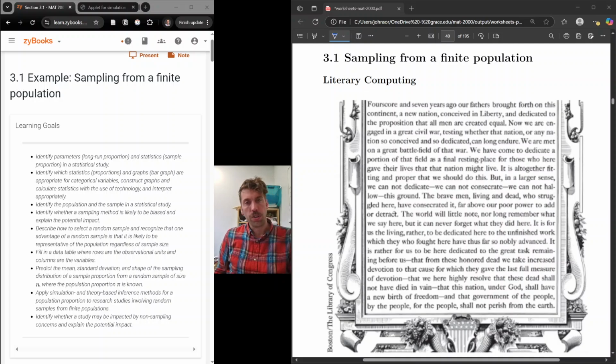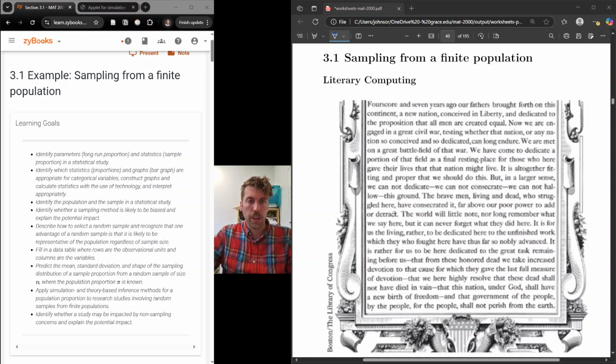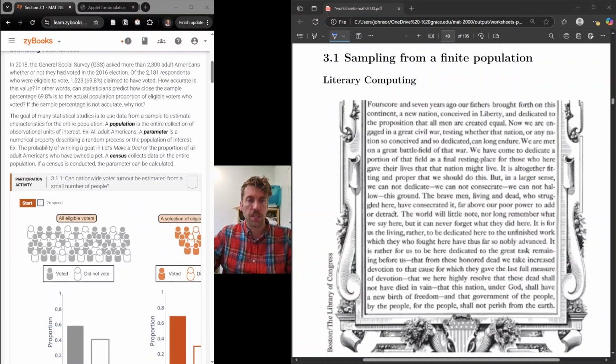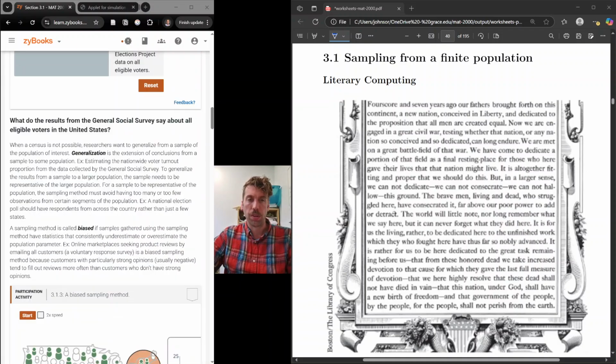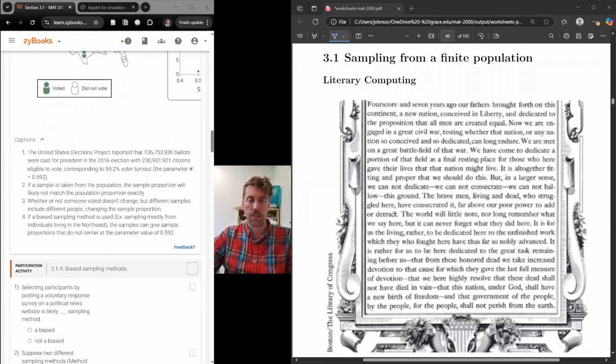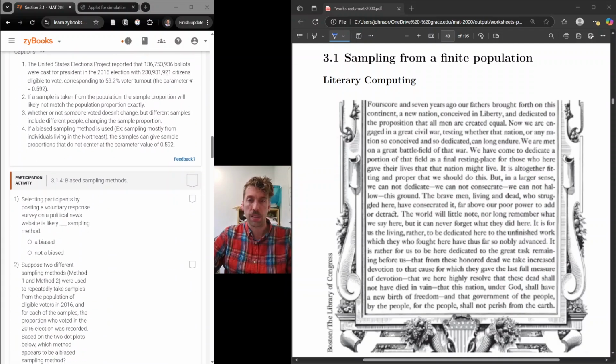So hopefully you should have read section 3.1 over here, where we talked about sampling using the idea of estimating voter turnout to look at how we can do different types of sampling and how sampling can be biased or unbiased.